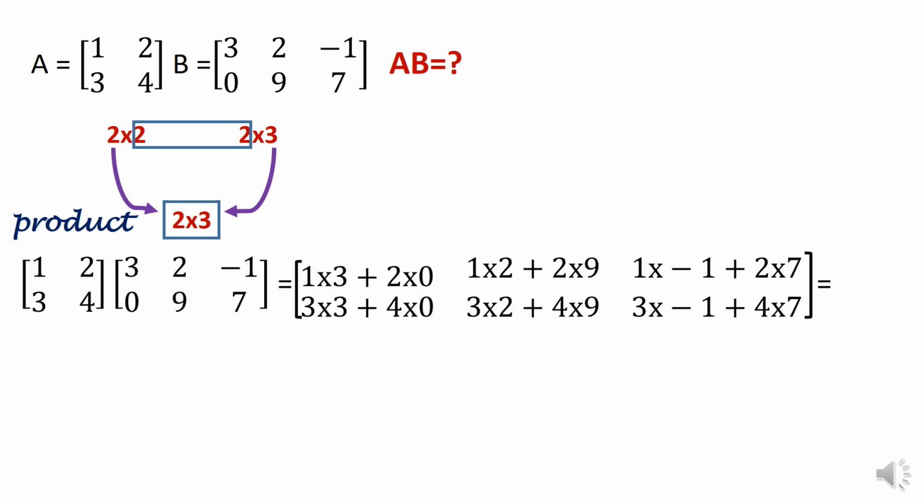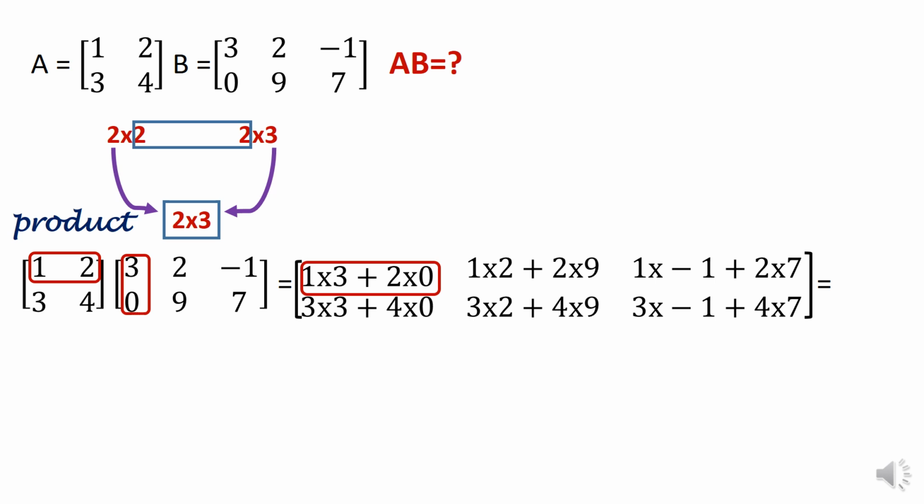Now, as you can see, to multiply A and B, we first write them in the same order, A first, B second. And then what is done is that the first row of the first matrix, the first row of A is multiplied to the first column of B in order to get the element in the 1/1th position in the answer matrix.